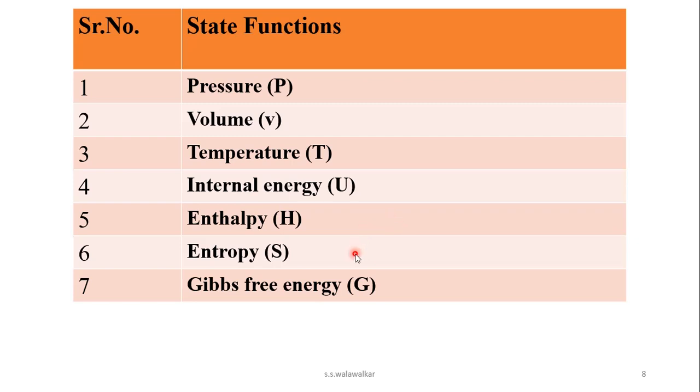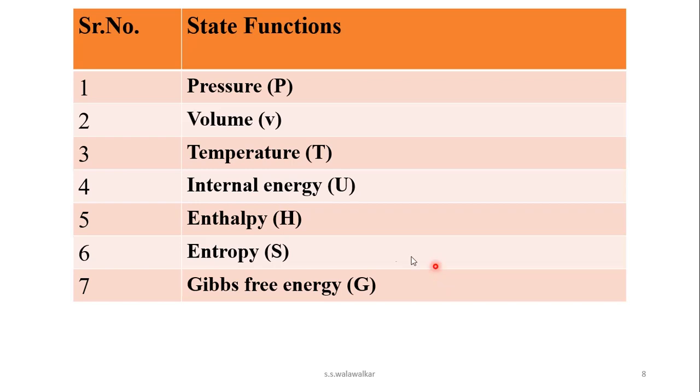So to decide whether a certain property is a state function or not, keep in mind this question: is this property affected by the path or way taken to reach the final state? If your answer is yes, it is not a state function.